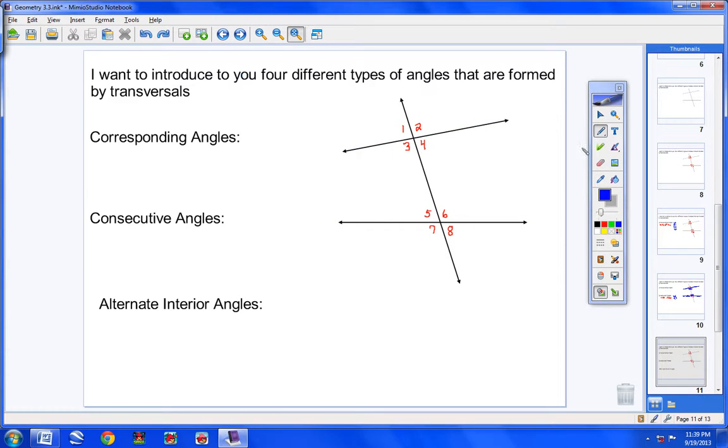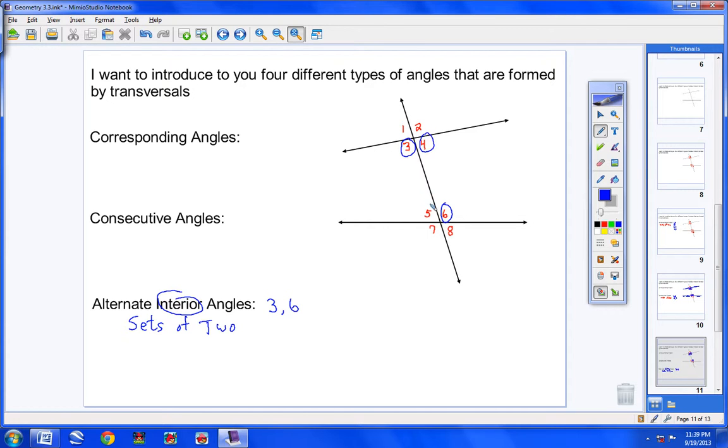Alternate interior angles. Well, first of all, they also come in sets of two. All right. And here they are. Notice the keyword interior. So we know we're going to be dealing with the inside here. And notice alternate. That would imply they're not on the same side. So angles 3 and 6 are alternate interior angles.